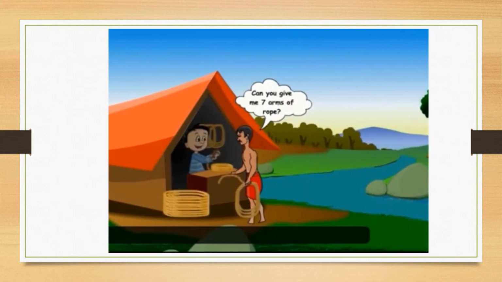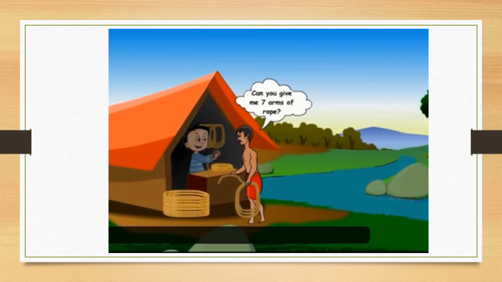Now, look at this picture. The boy is selling ropes, and this farmer comes to this boy and asks him to give 7 arms of rope. The boy measures the rope with his arm and gives it to this farmer.